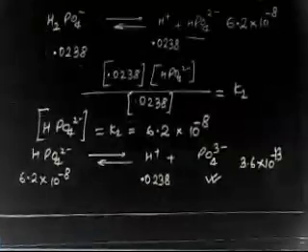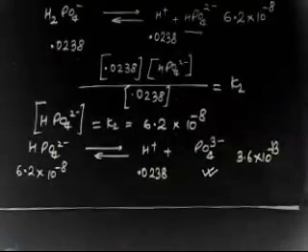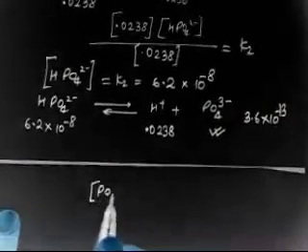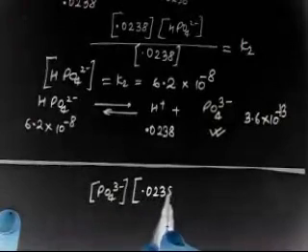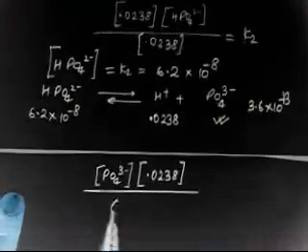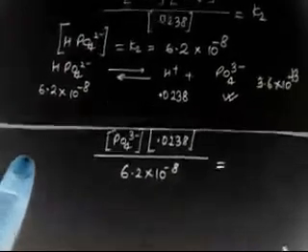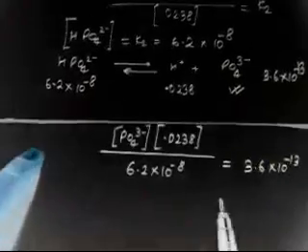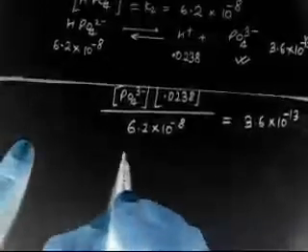Now using the equilibrium expression, you can calculate the concentration of PO4 3 minus. So you will have PO4 3 minus into 0.0238 divided by 6.2 into 10 to the power minus 8, equals 3.6 into 10 to the power minus 13. So from here you can calculate the concentration of PO4 3 minus.